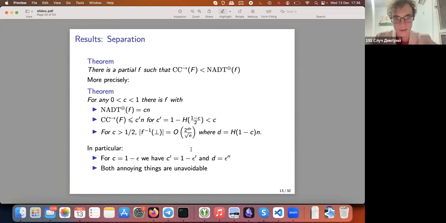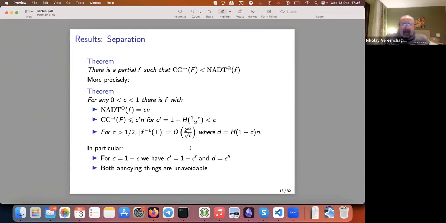The first theorem claims that there exists a separation for some number of undefined points, and this statement is that for large values of non-adaptive parity decision tree complexity and large values of communication complexity, there exists a separation with a relatively small number of undefined points. Like d here is small.